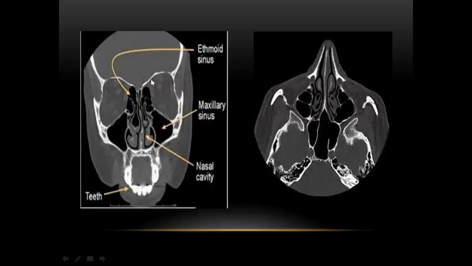Here, a coronal CT scan showing the nasal cavity, inferior turbinate, middle, and superior. And this is the maxillary sinus, pyramidal shape. The sinus appears triangular in shape. And this is the ethmoidal cells. This is the sphenoid air cells.